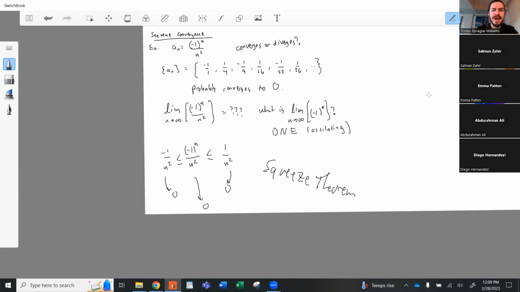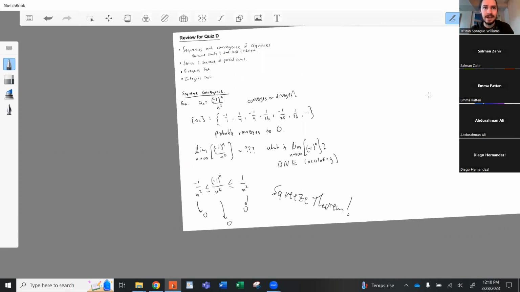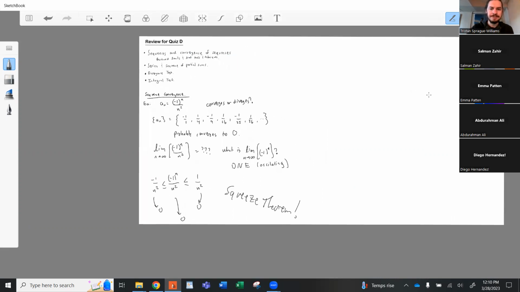Yep. So that was what we didn't talk about, the squeeze theorem last week. We didn't review that, but that is a useful tool for these sorts of alternating sequences, right? Especially. Okay. So that's a good place to get started.